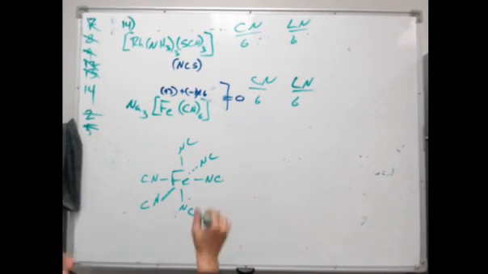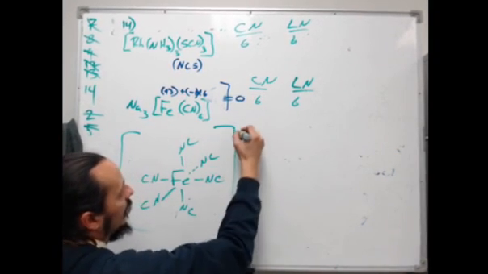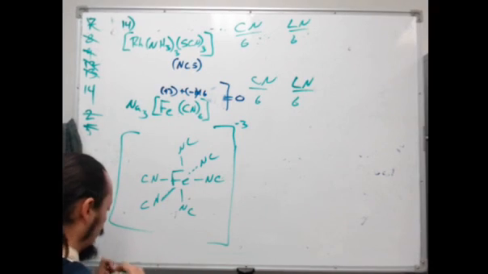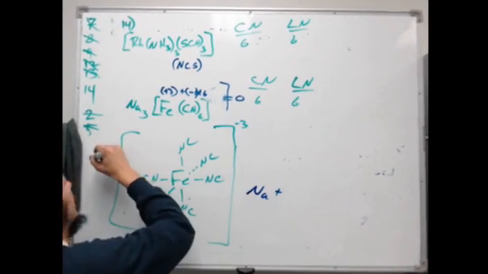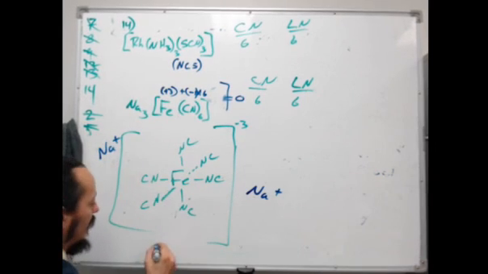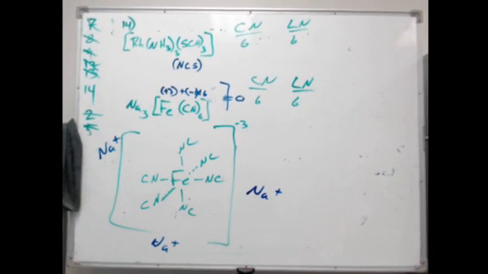So this whole thing has a -3 charge. And then I'd have just a sodium here, a sodium here, and a sodium here. Not covalent bond, ionically bonding, just through the Coulomb force. Everything inside the brackets is covalently bonded.